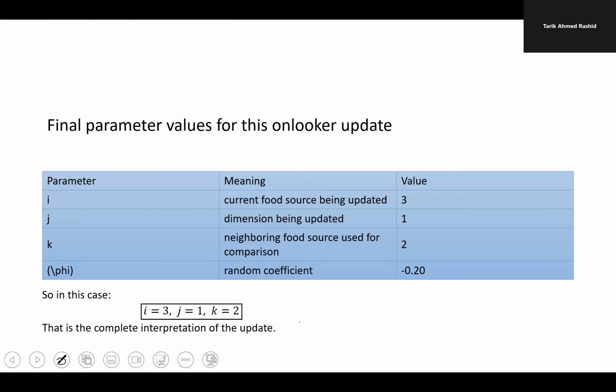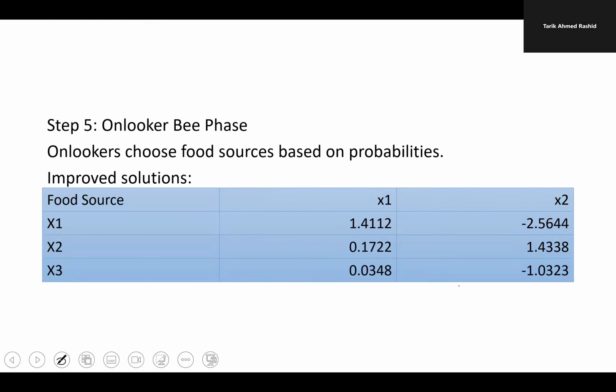Now we had current food source being updated, tree is updated, dimension being updated, neighborhood food source used for comparison, we took it, and random coefficient was -2. So the I3, J1, and K2, that is the results of the parameters that we had.